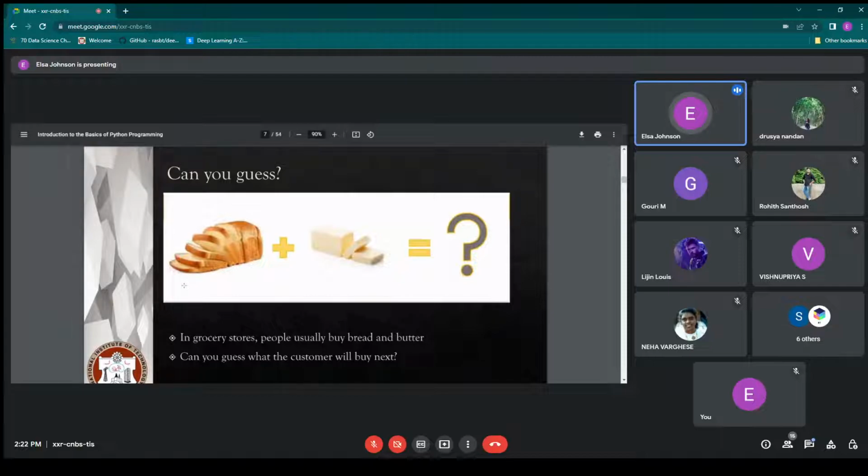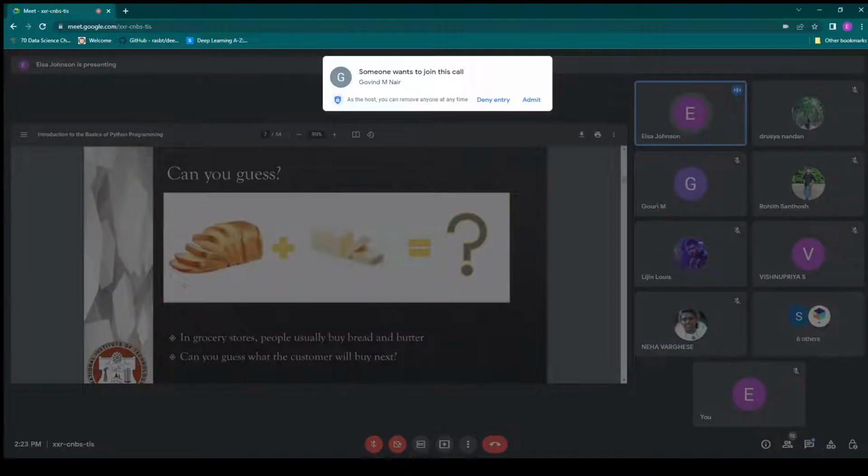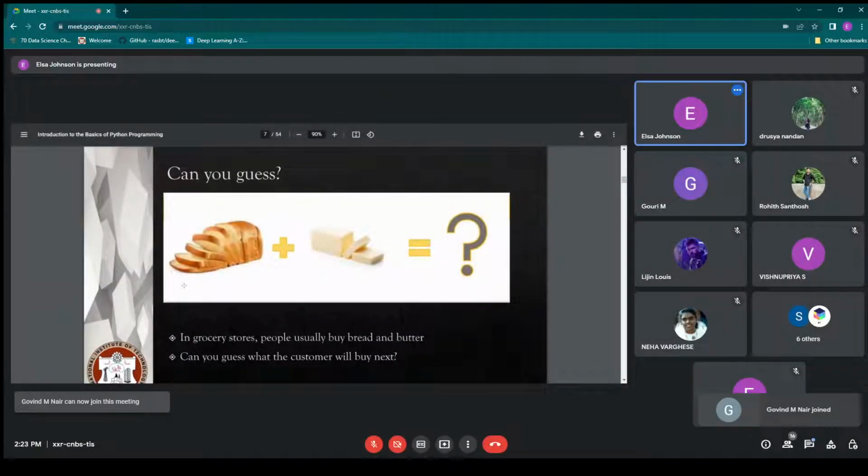So I'll just start with an example. You people might be living at home or in hostels, right? So when you want to get a simple breakfast, if you don't like the breakfast that is available to you, you'll be just thinking of having bread and butter or something else.